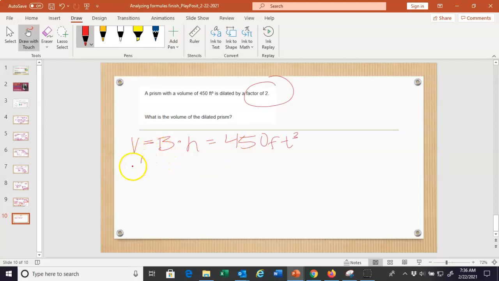So big B is 1/2 base times height, and then we have the height again. So we're going to have to multiply again by that factor 3 times, because we're using 3 of those side lengths in that formula. So by 8. So this time they gave us the original, and we just have to multiply everything by 8. And it's very big.